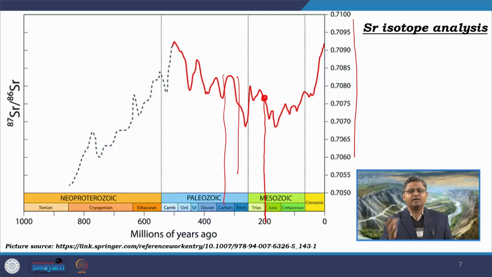There are certain advantages and disadvantages of this method. Definitely I will not go into that discussion in this course, because we do not have the scope of going into that much detail on this aspect. Another common method of determining the age of a sedimentary succession is chemostratigraphy.